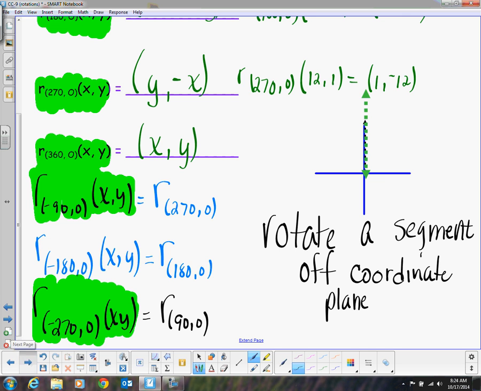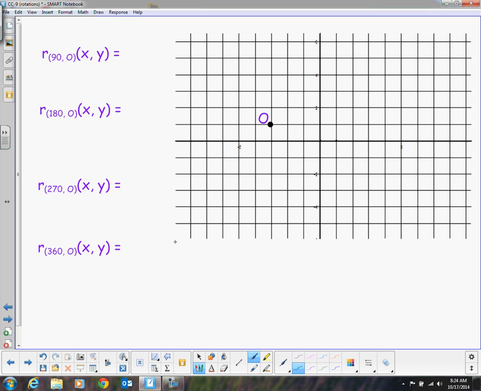So let's do an example of what we just did. Wednesdays, we have 2 questions. This is negative 3, 1. Now you read off the coordinate plane. Have your rules in front of you. If I want to rotate 90 degrees, what's the rule?